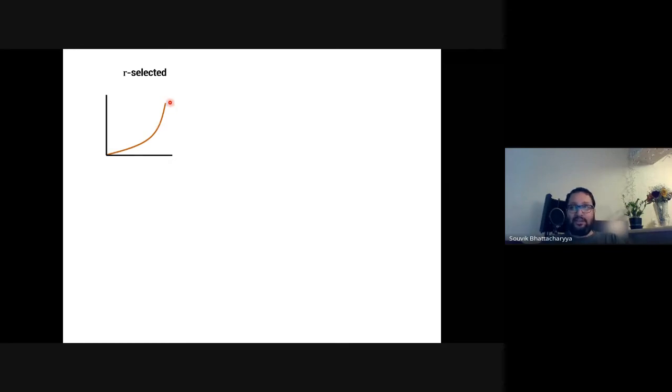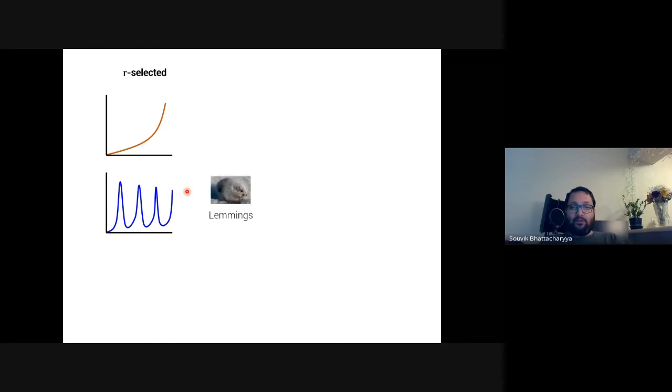This is the theoretical model, but that's not entirely true. After a while, it's going to reach a phase where it cannot grow exponentially anymore. And it can go through cycles of phases like this. So it grew, then it died off, then it grew and died off. These are called boom and bust cycles.